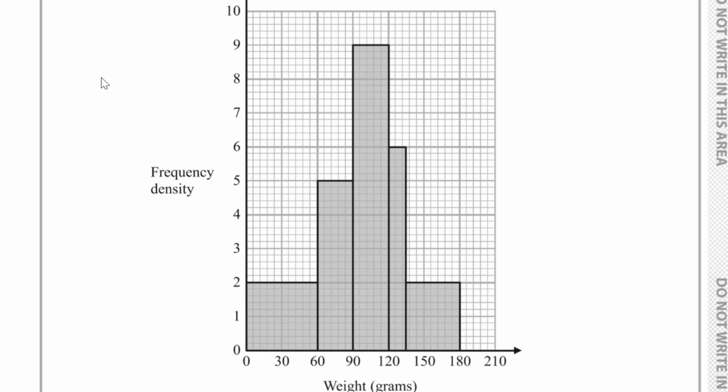Of course, that formula, frequency density multiplied by the class width, gives the frequency. So the frequency over here, 60 multiplied by 2, you'd find that to be 120. 30 multiplied by 5, that would be 150. 30 multiplied by 9, that will be 270.